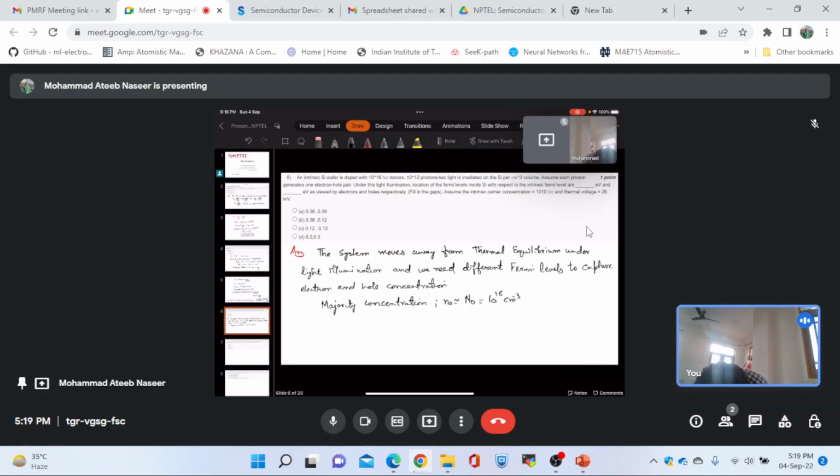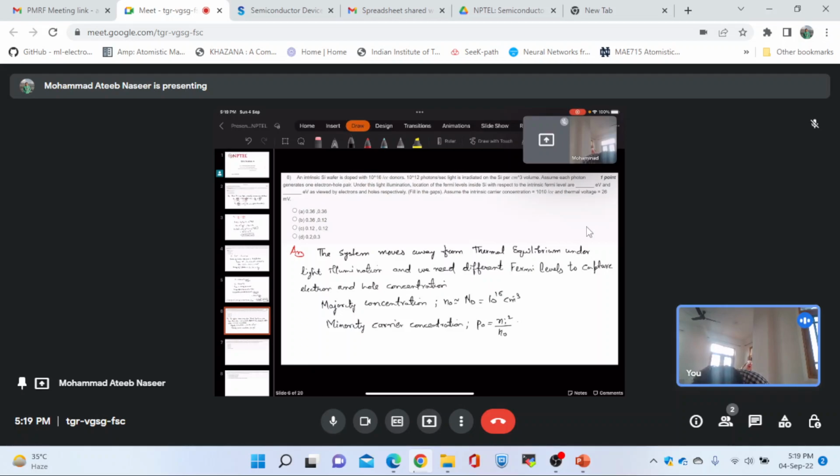Now let me write it down for the minority carrier concentration. It will simply be equal to P naught, which is Ni squared divided by N naught, that is 10 to the power 16.